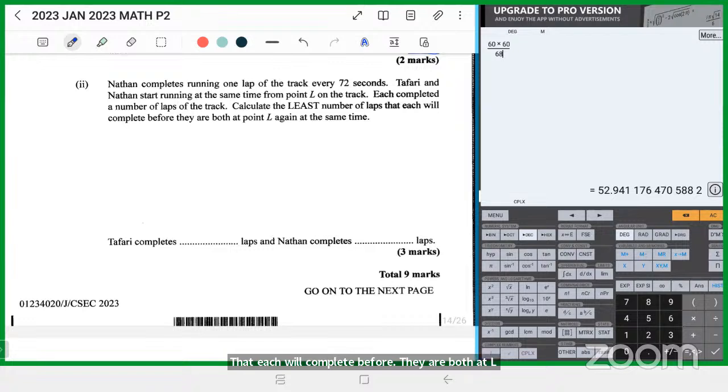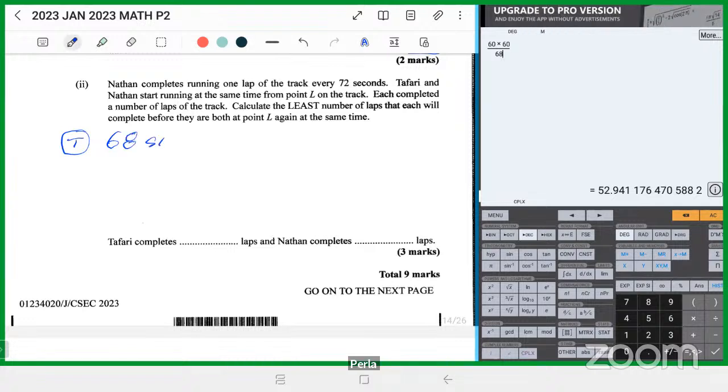All right. So listen to this now. The first thing is that, remember, Tafari is doing 68 seconds, right? T for Tafari is doing 68 seconds per lap. And Nathan is doing 72 seconds per lap.